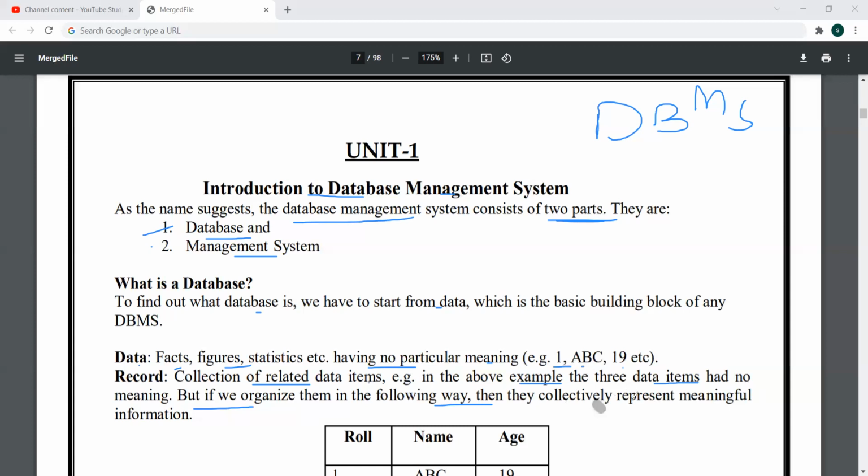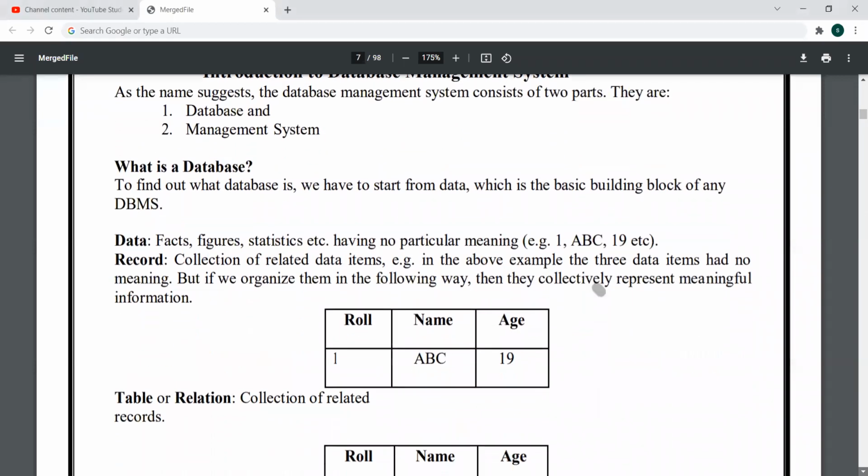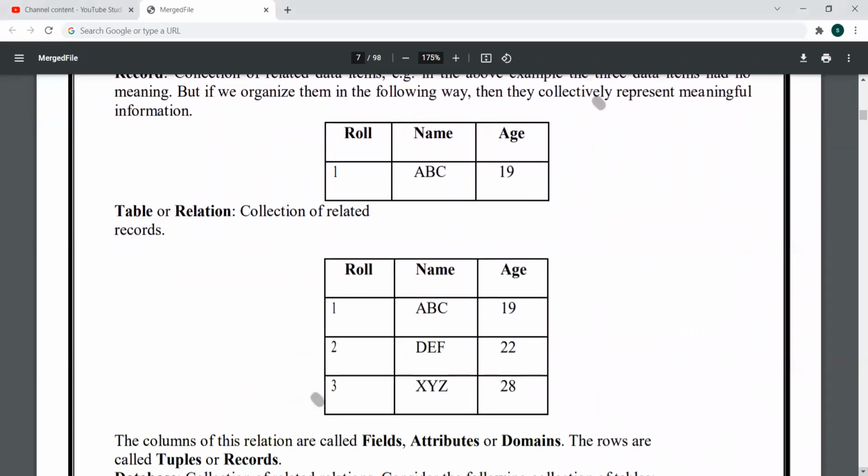Data is facts or figures, and a record is a collection of related data items. Roll number 1 has some meaning. Name is taken as ABC and age is 19. If you represent them in tables, then it has meaning.